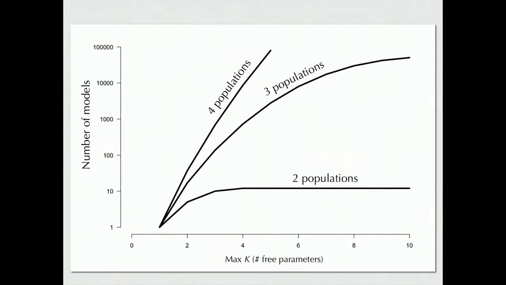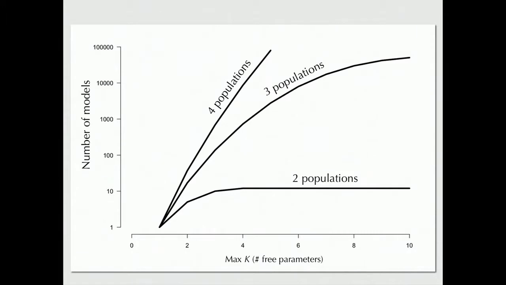So here you see the growth of models, as mixed by the number of maximum free parameters. You can see when you have two populations, you can't get to very high numbers of free parameters, whereas with 3 and with 4, it keeps growing and growing. So 100,000 models is here, with 4 free parameters.